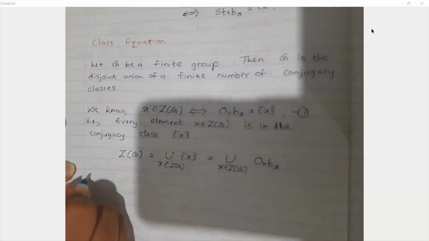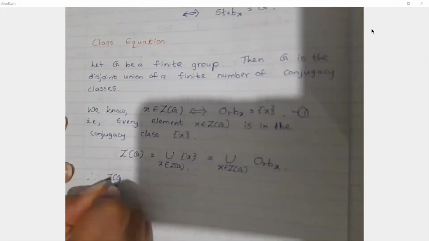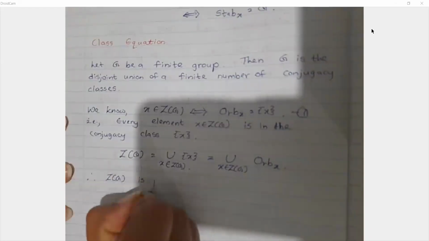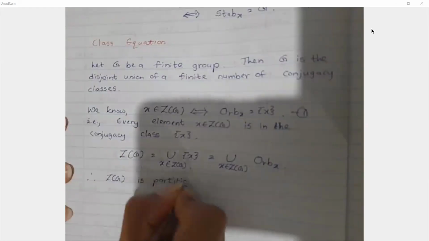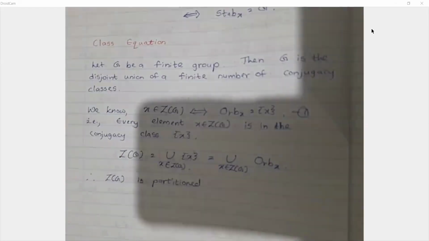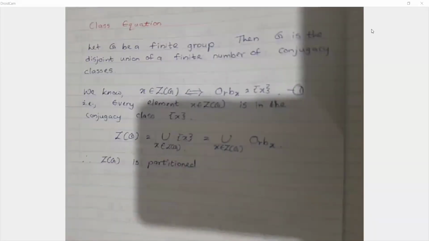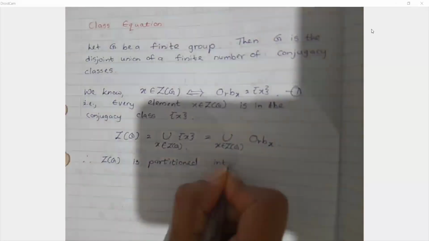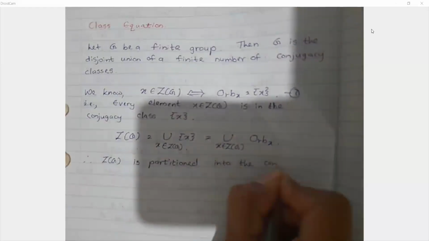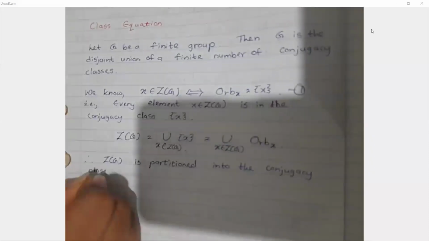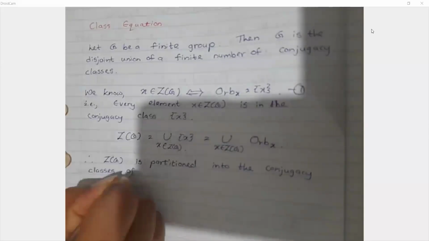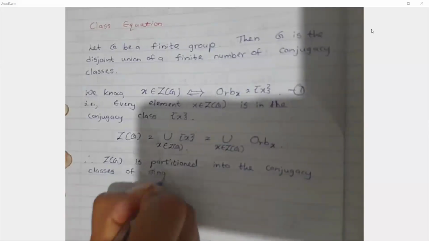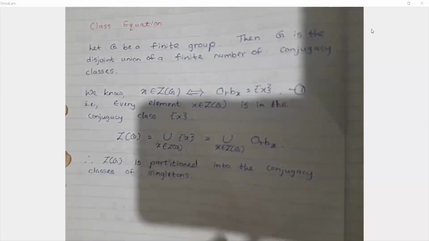Therefore, we can write Z of G is partitioned into the conjugacy classes of singletons. Singletons meaning these one element sets, right?